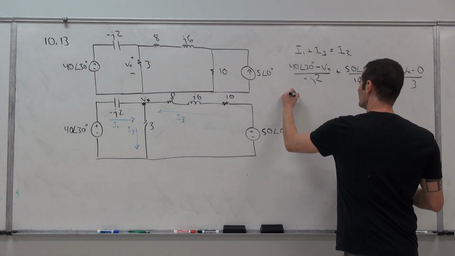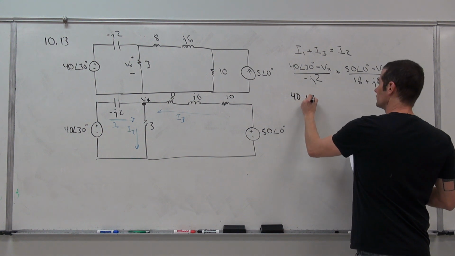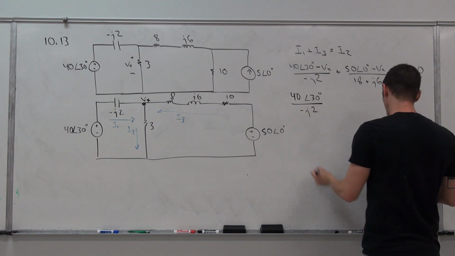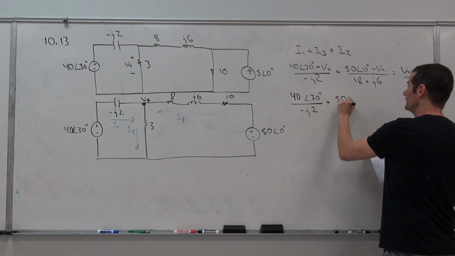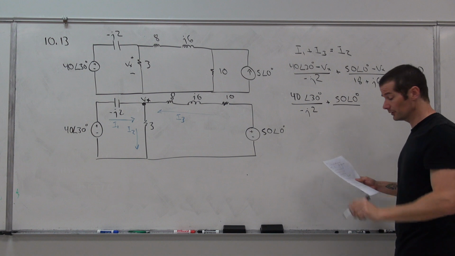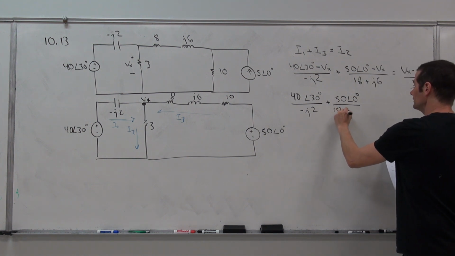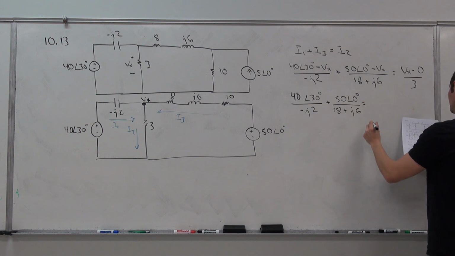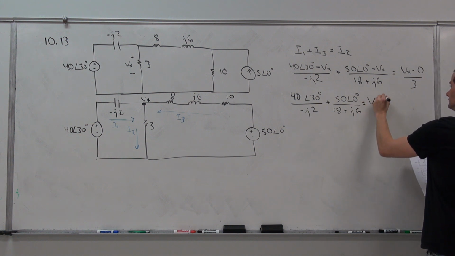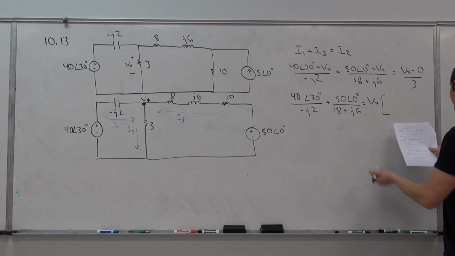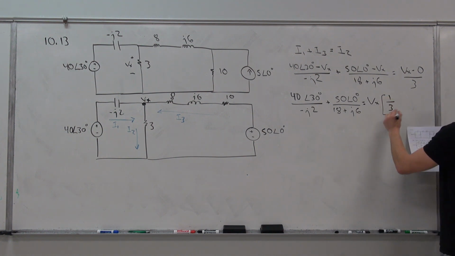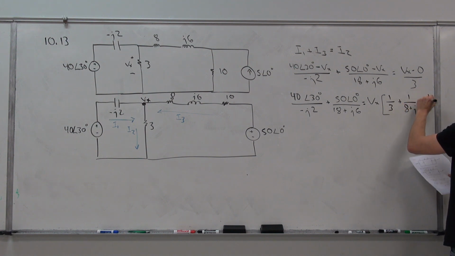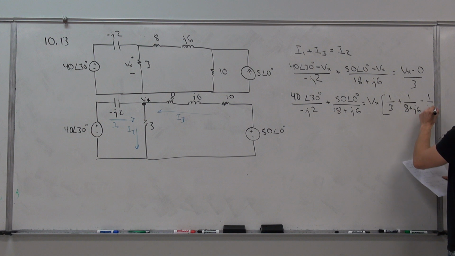So here we have 40 at an angle of 30 degrees divided by negative J2 plus 50 at an angle of 0 degrees divided by 18 plus J6. Move Vx over to the other side, and then we get Vx times 1 over 3 plus 1 over 8 plus J6 minus 1 over J2.